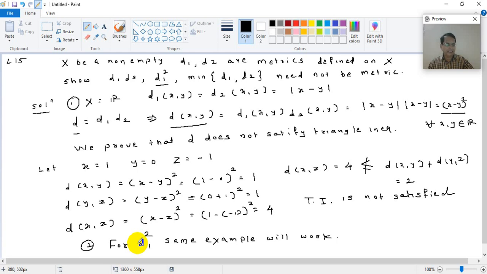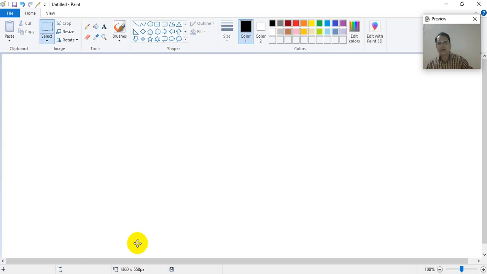Now we have to check the third part, so I will erase this. Now what do I have to prove? The minimum of d1. So we will say third part of that problem.